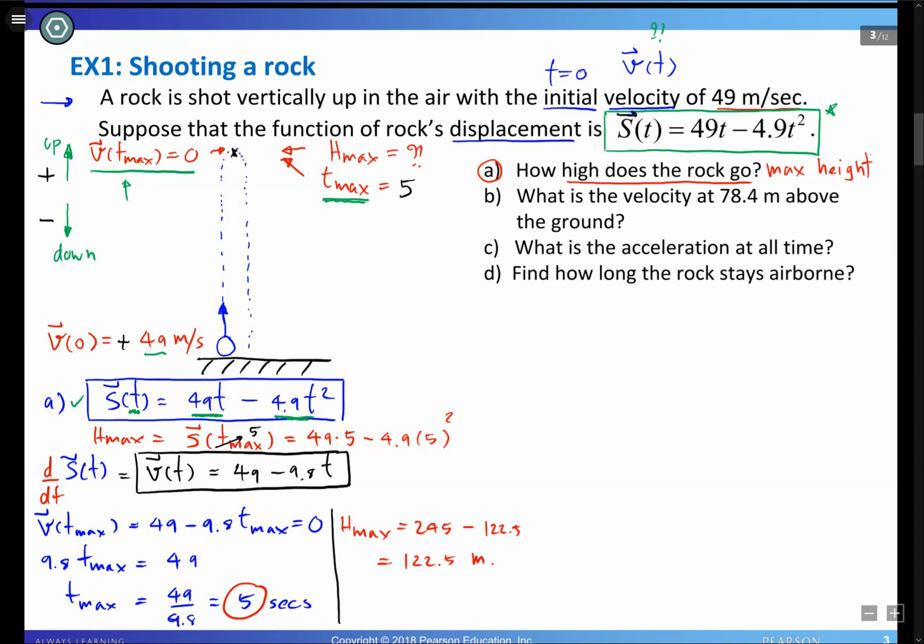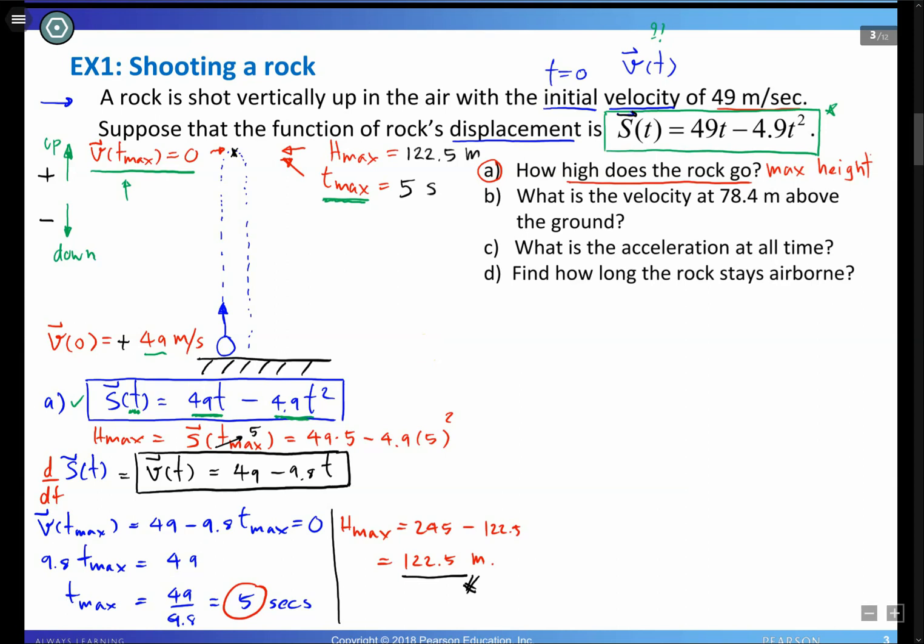And this is the answer for question A. This one right here, 122.5 is the maximum height. So let's put that right here. H max equal to 122.5 meters above the ground, and T max equal to 5 seconds. And that is the answer for question A.